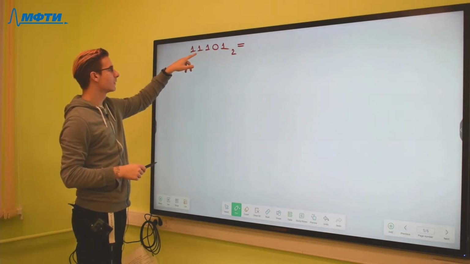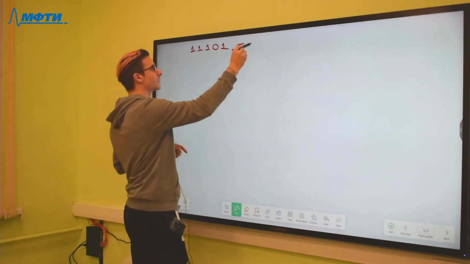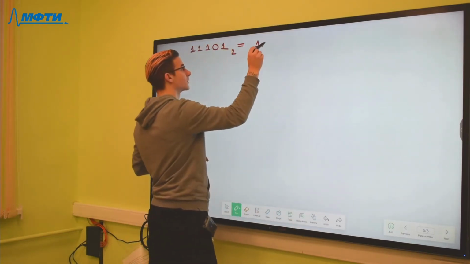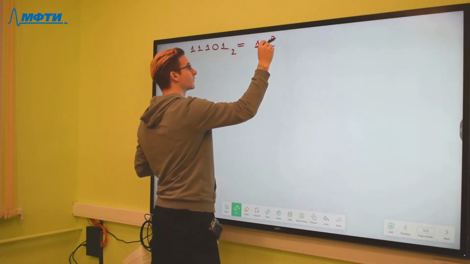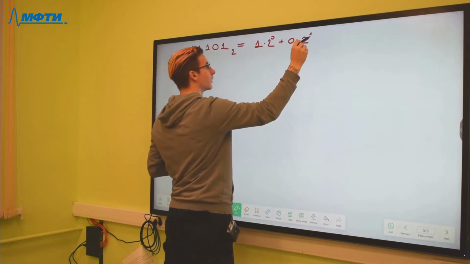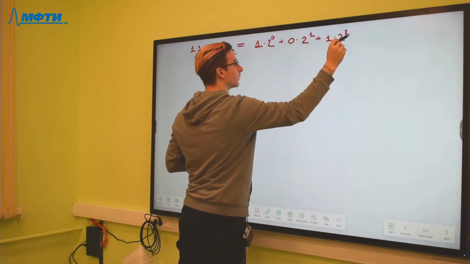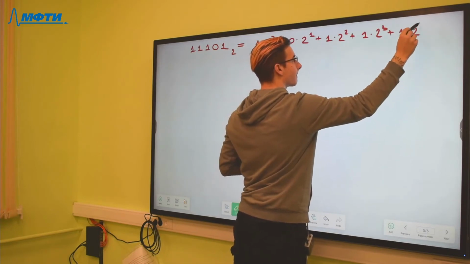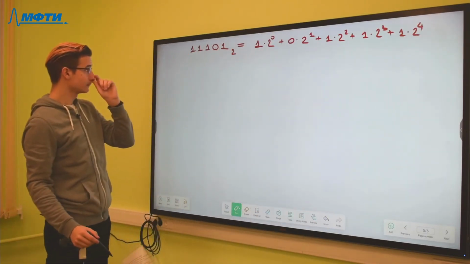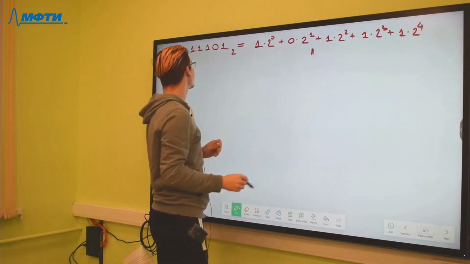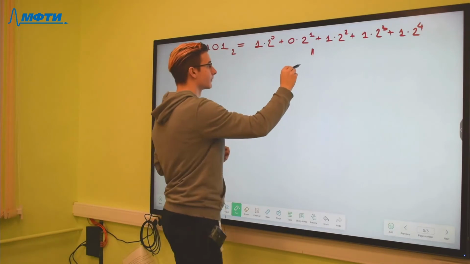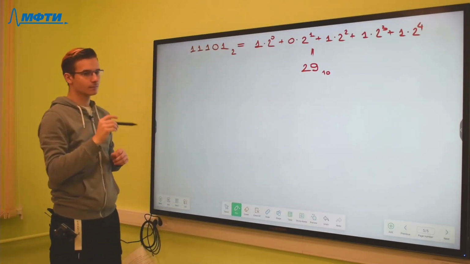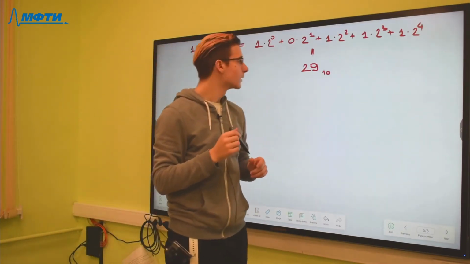Yeah, because we can write this number as the sum of 1 multiplied by 2 to the power of 0 plus 0 plus 1. And it is equal to 29. Yeah, 29. Okay.